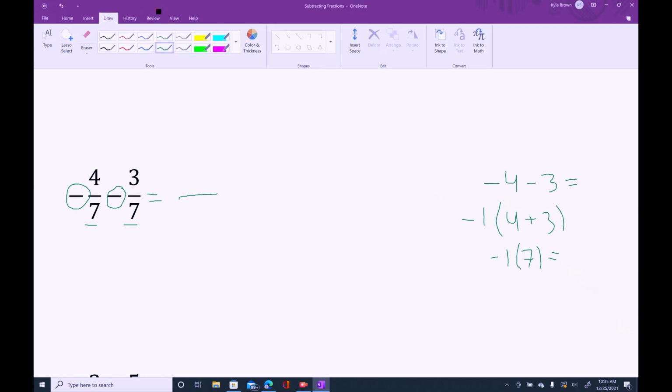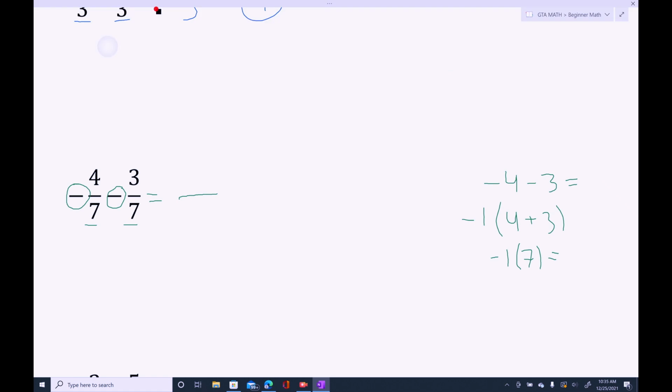So our final answer is going to be negative 7 over 7. And when we simplify this, 7 divided by 7 is 1, but we got this negative in front, so it's going to be negative 1.